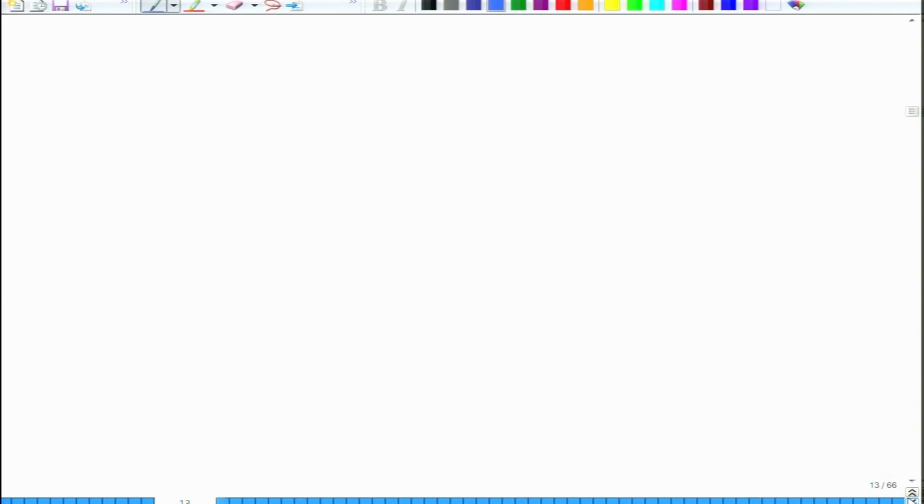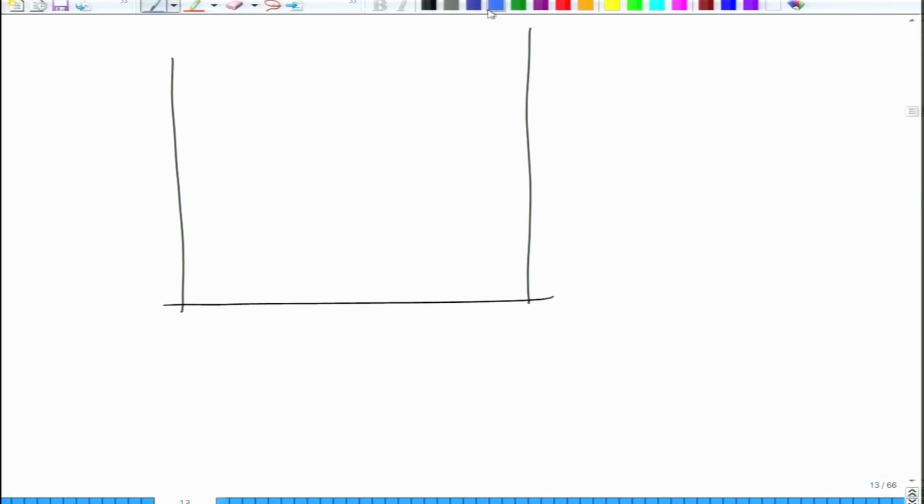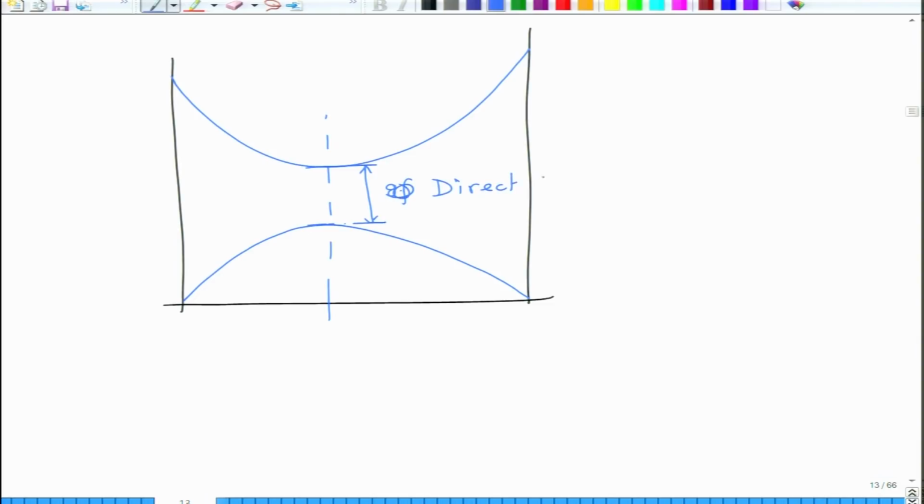However, if you have a situation in which the energy bands are like this, so this is the minima and this is the maxima, this is called a direct band gap semiconductor, when the K of the minima is the same as the K of the maxima.